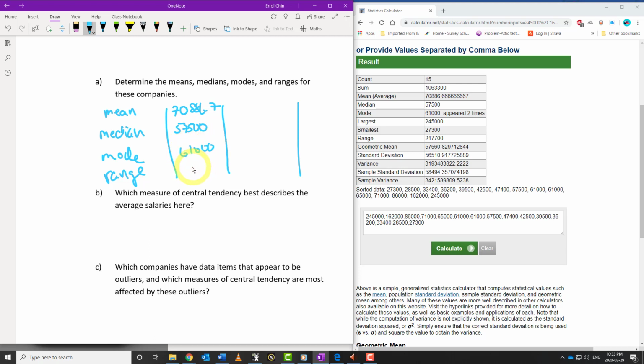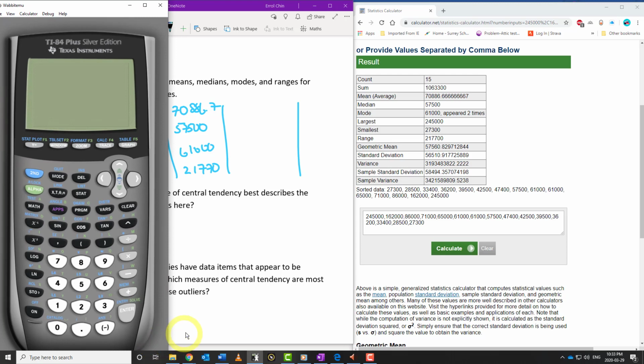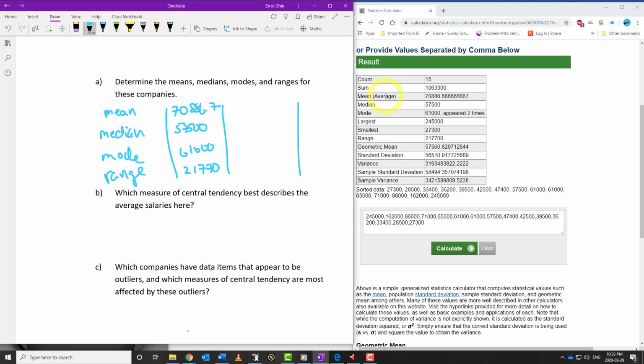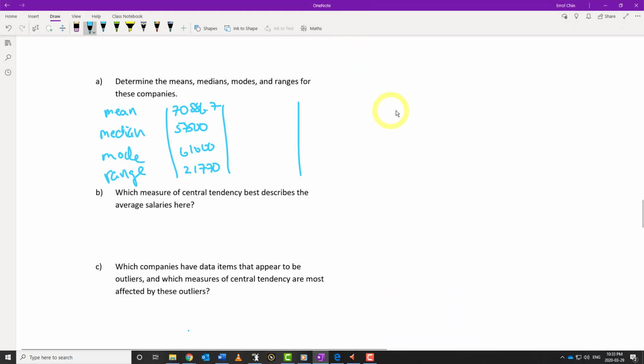And what looks like the range is 21,770. What I want to do is give you a chance to try the other 3 out using the website. In the meantime, I'm just going to give you the values that I have in my notes, and please, if you see any errors in the other columns, please do let me know.